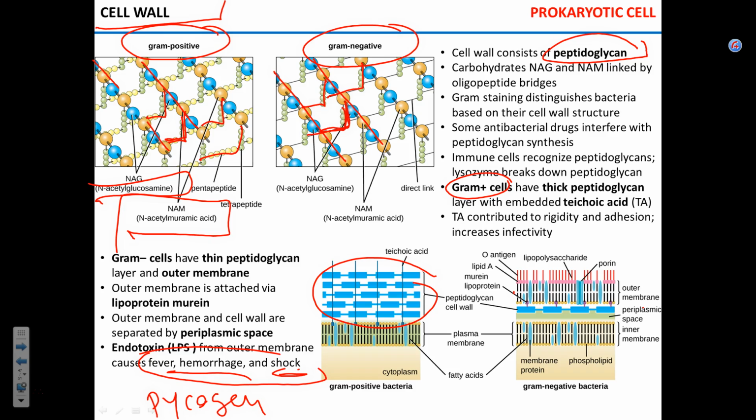So what will happen to the bacterial cell if the cell wall is weak and mushy? It will just explode, right? It will lyse. Which microbes are more sensitive? What do you think? Gram-negative or gram-positive? Gram-positive. Why? It's the right answer. The outer membrane, yes, because it doesn't have the outer membrane. So that's why staining is important.